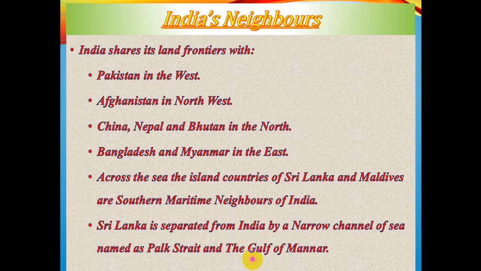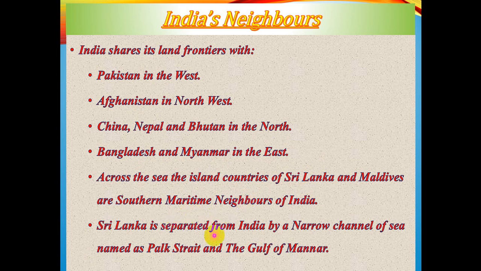Now just see the write-up part of it. Pakistan is in the west, Afghanistan in the northwest, China, Nepal and Bhutan in the north, Bangladesh and Myanmar in the east, and across the sea the island countries of Sri Lanka and Maldives are our southern maritime neighbors.